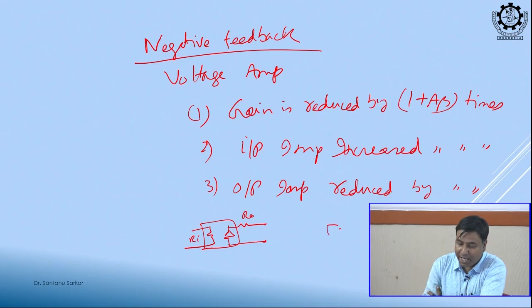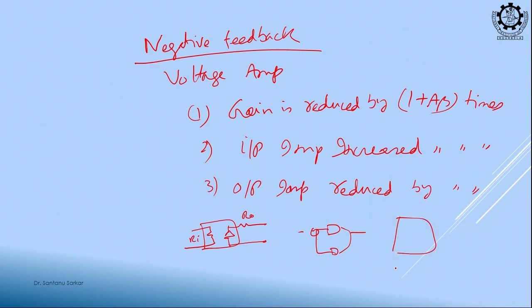The same thing I used in a feedback, and I see the closed loop RIF is much increased, ROF is much decreased, gain is decreased. Clear?